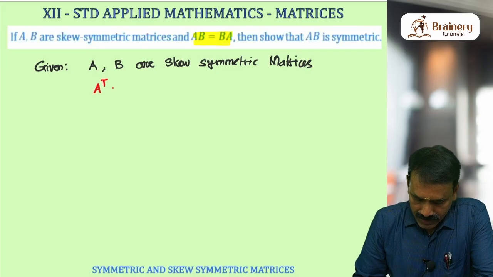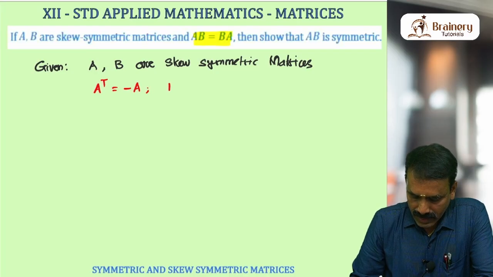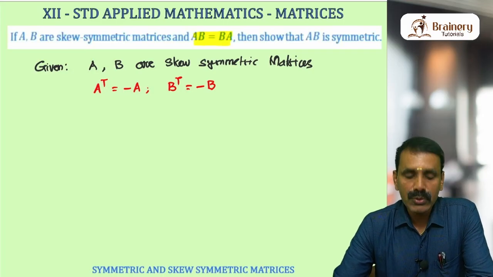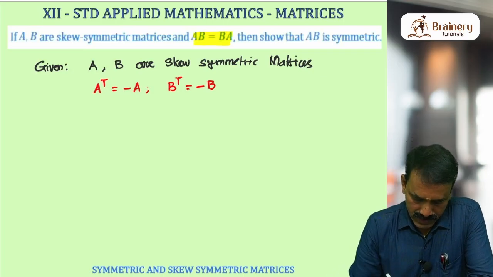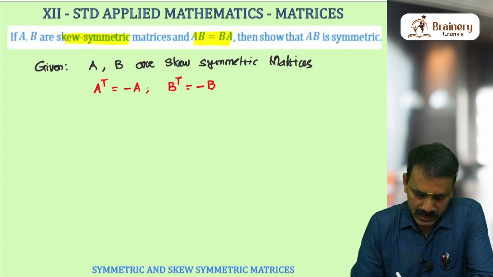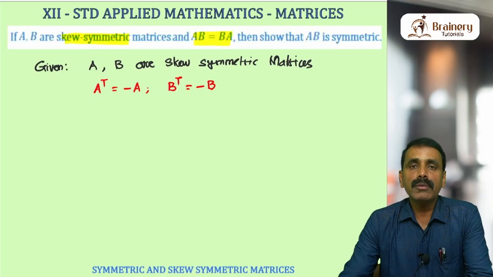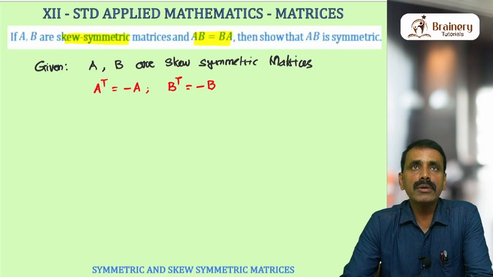A transpose will be equal to minus A, and B transpose will be equal to minus B. Why are we using the minus symbol here? Because it is given to be skew symmetric, we use A transpose equal to minus A and B transpose equal to minus B.